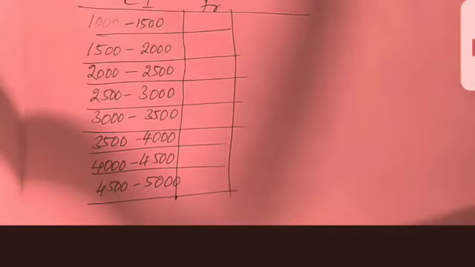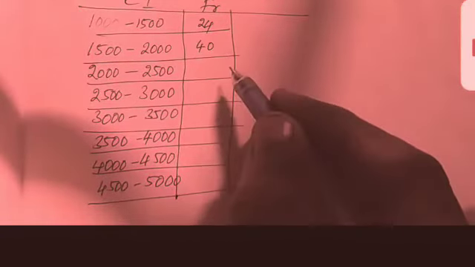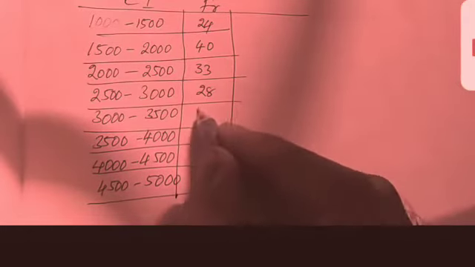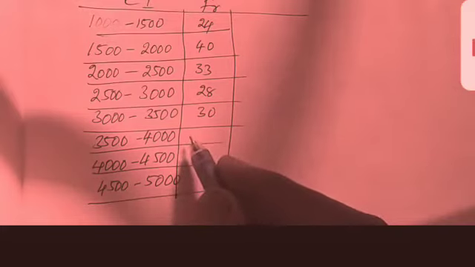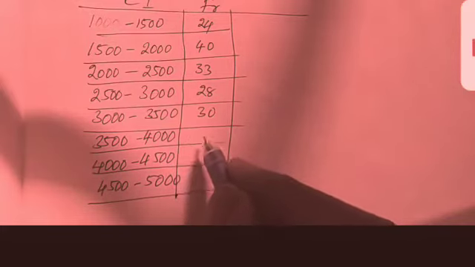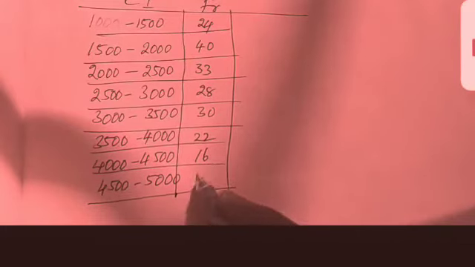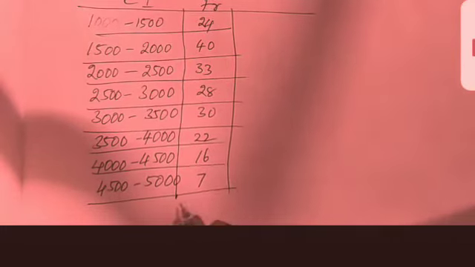The frequency was also given in the previous problem. Here also we have only taken these two columns: 24, 40, 33, 28, 30, 22, 16, 7. These are the frequencies.